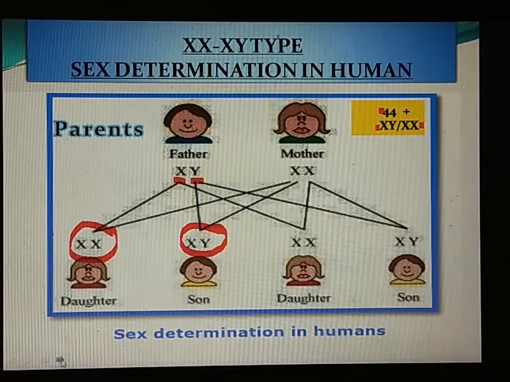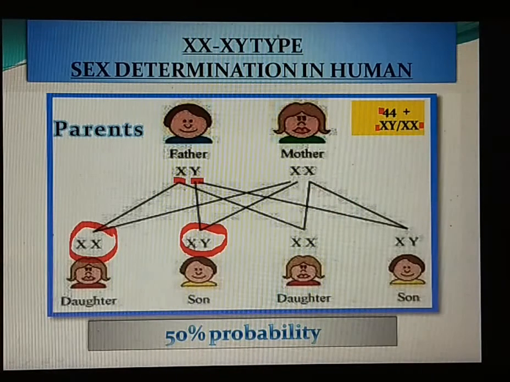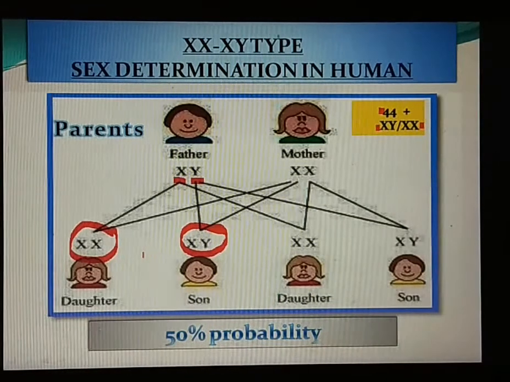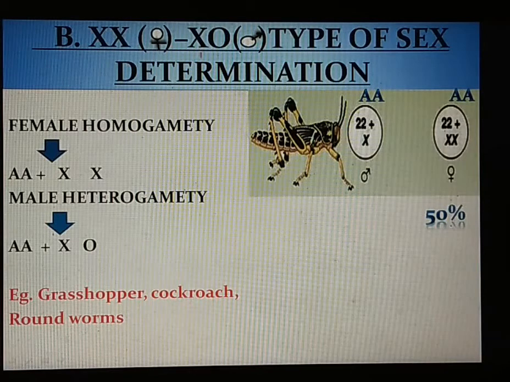Therefore there is a 50% chance or probability of having a male or female offspring to that parent in a particular mating. Next is XX and XO type of sex determination.